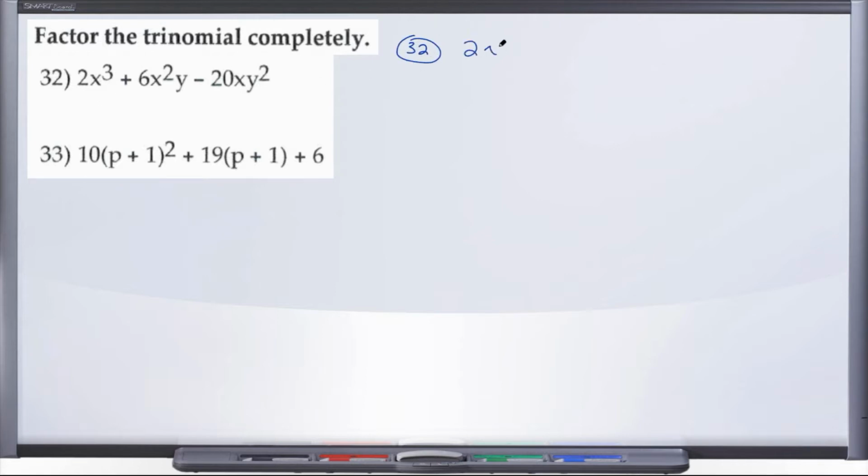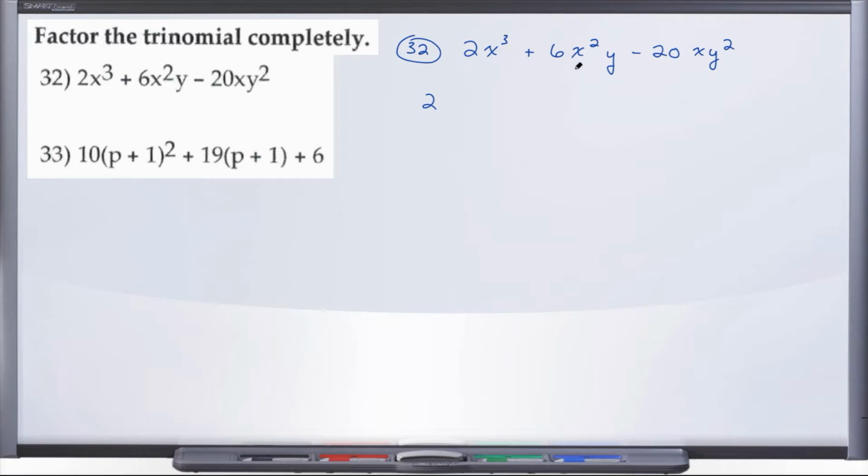They've given us 2x cubed plus 6x squared y minus 20xy squared. All right, question 1. Is there a GCF? Well, let's see. We have a 2, a 6, and a 20, so we can definitely pull out a 2.